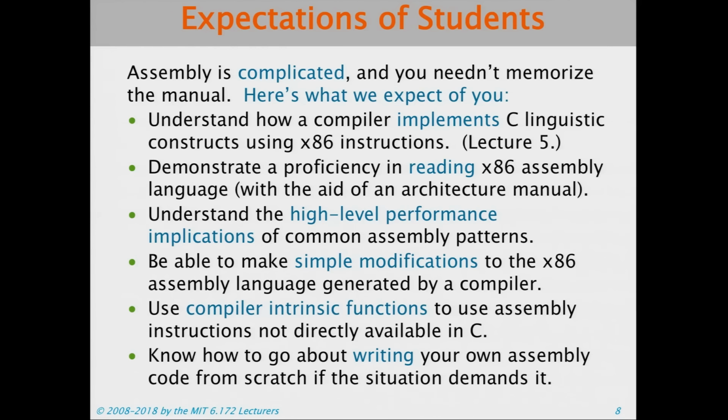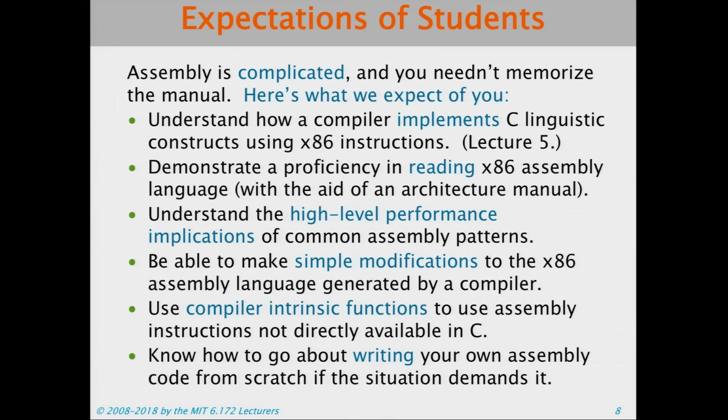You should understand how a compiler implements various C linguistic constructs with x86 instructions. And that's what we'll see in the next lecture. And you should be able to read x86 assembly language with the aid of an architecture manual. On a quiz, for example, we would give you snippets or explain what the opcodes are in case it's not there. But you should have some understanding of that so you can see what's actually happening.